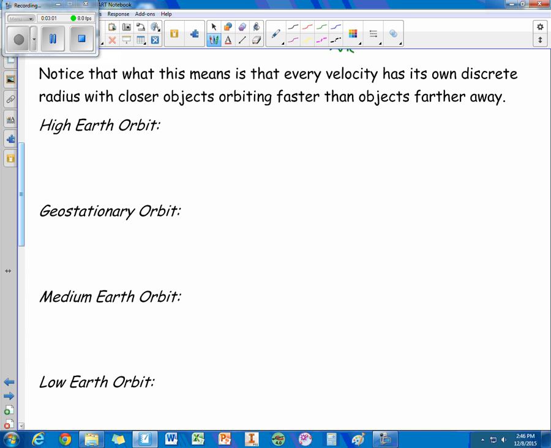All right, so high Earth orbit is defined to be 42,164 kilometers from the center of the Earth. That's 36,000 kilometers from the surface.